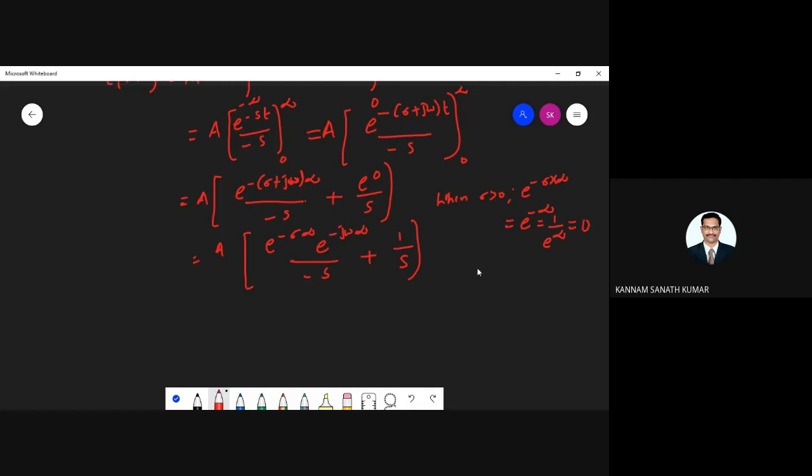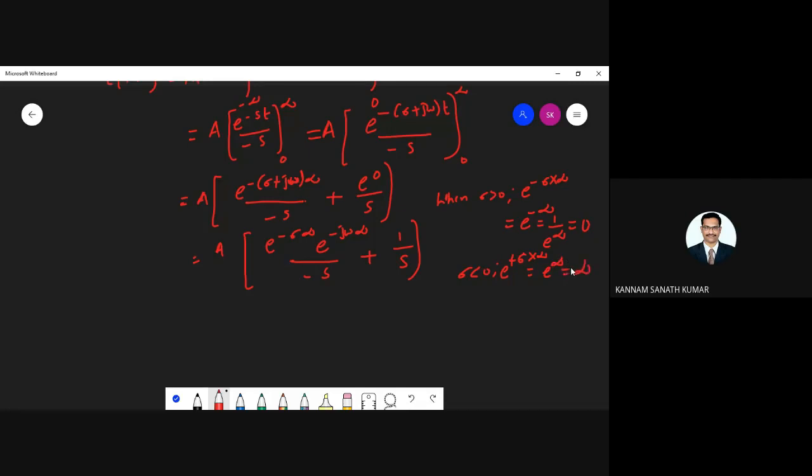When sigma is less than 0, minus of minus becomes plus, so we get e power plus infinity, and e power infinity is infinity.